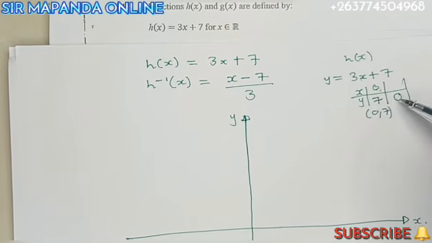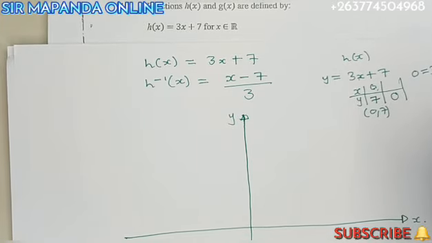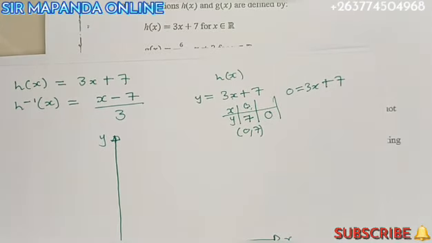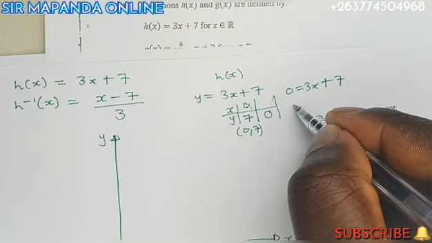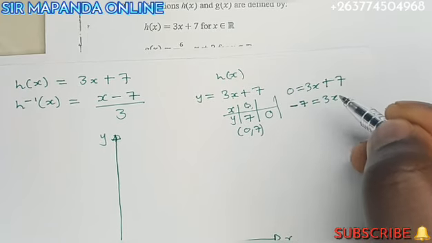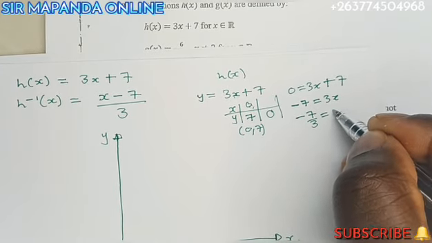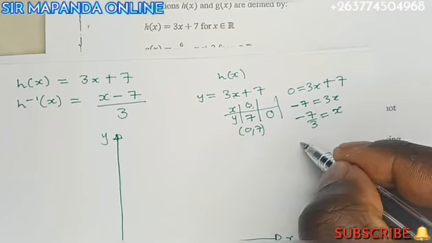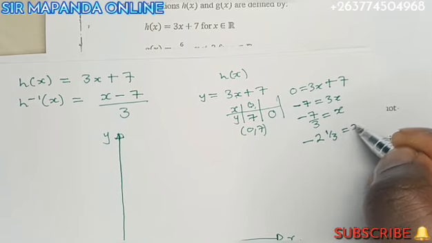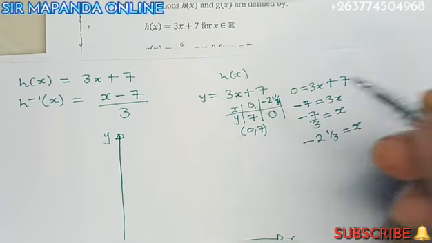Then if we put 0 on y, you get 0 is equals to 3x plus 7, right? Which gives you minus 7 is equals to 3x, which gives you minus 7 over 3 is equals to x, and you get minus 2 and a third is equals to x. This is your second point, minus 2 and a third.